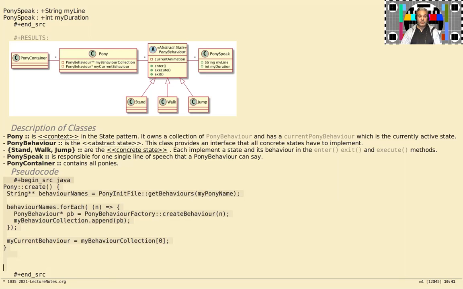When we want to change behaviors, let's try a method for that. Still in the pony class, because that's the context class, so that's the one that needs to understand how to switch between the different states. And it's going to take a new string.